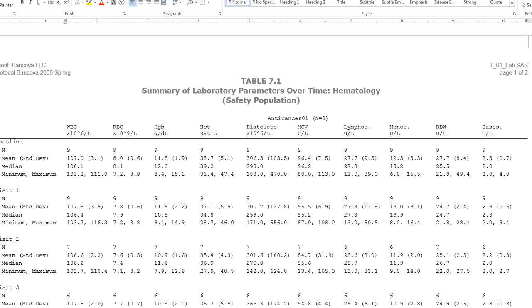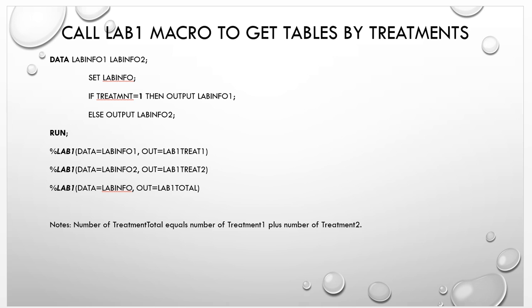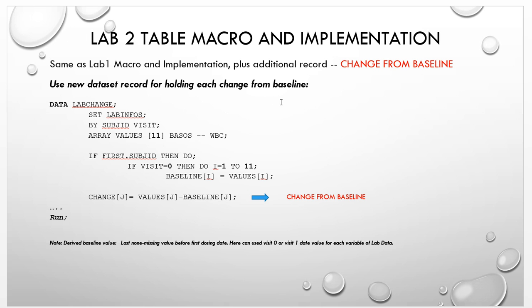Back to our calculation, we need to consider the lab 2 table. We only add an additional record, a new row called change from baseline for each visit. We retain the baseline when the visit is equal to 0, and then subtract it from each value to get the change.